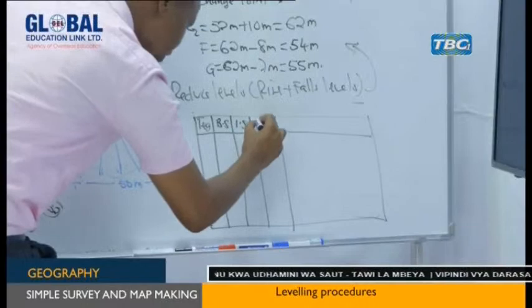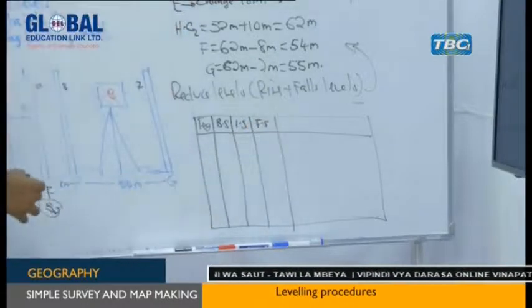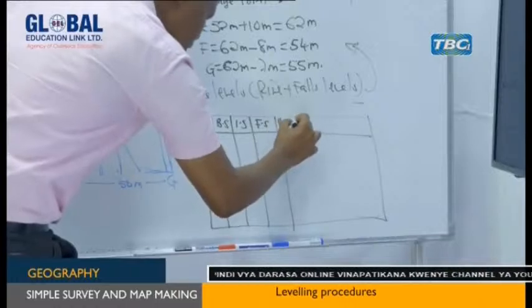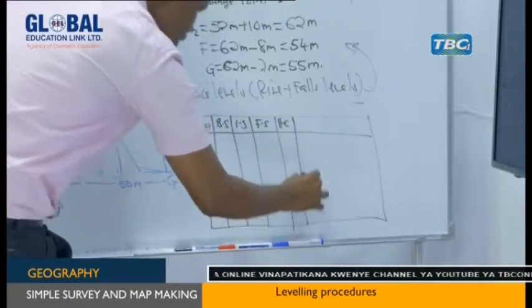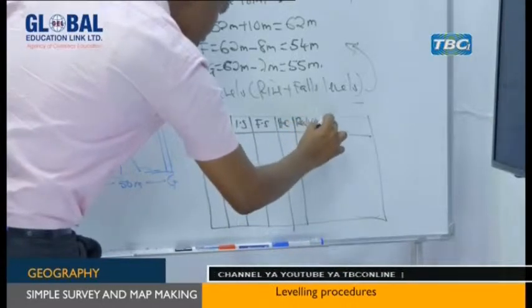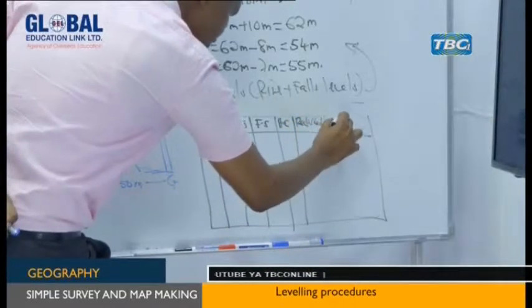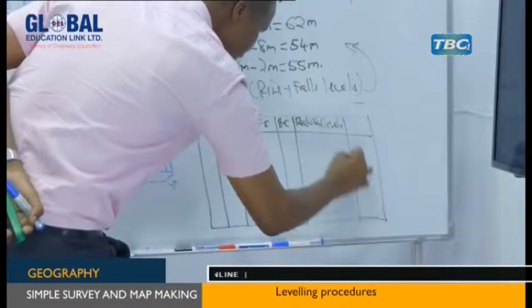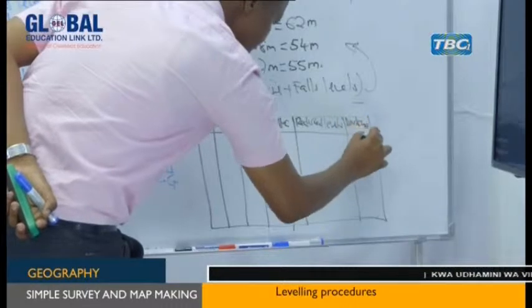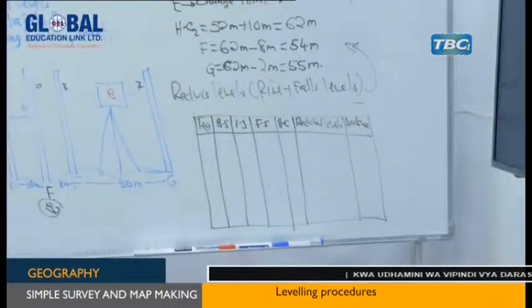Then we have the foresights. Then we have the height of collimation column, then the reduced level, and then the distances between stations.